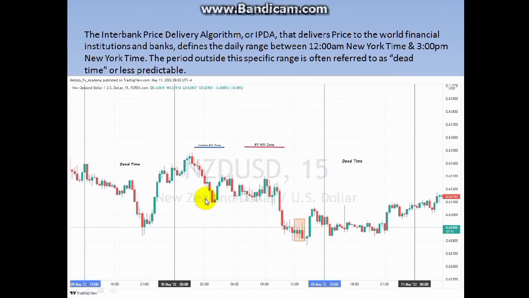Looking at this, the 2022 model talks about 12 a.m. for the London key zone, between 2 to 5 a.m. Then the New York key zone in the morning session is between 7 to 11, at most 12. Then the period between 12 to 1 is our lunch hour. Then from 1 to, let's say, probably 4:30 is when we start trading our New York afternoon session.